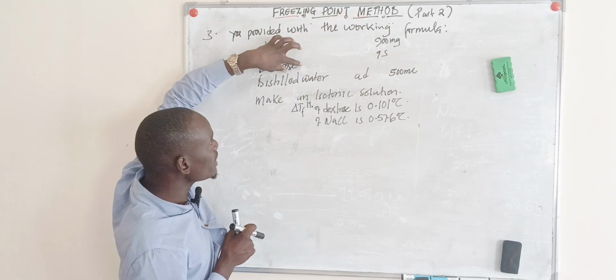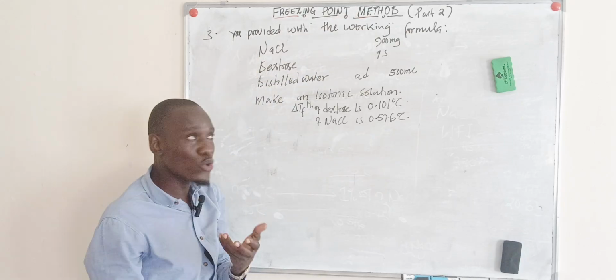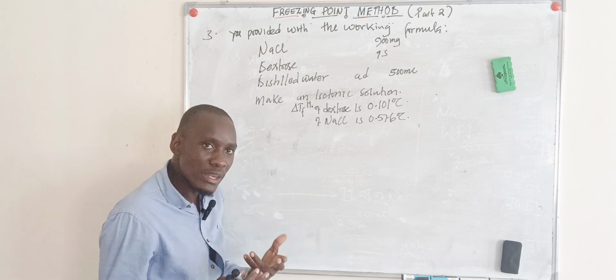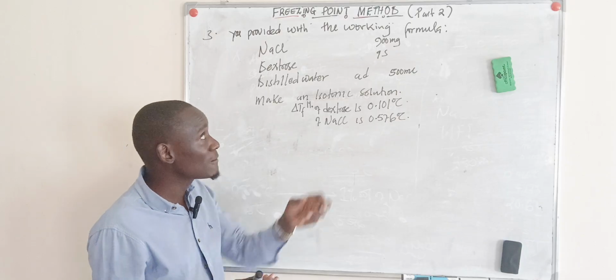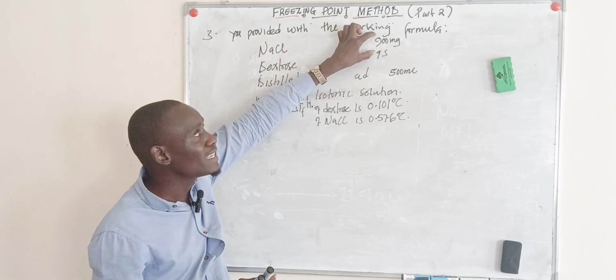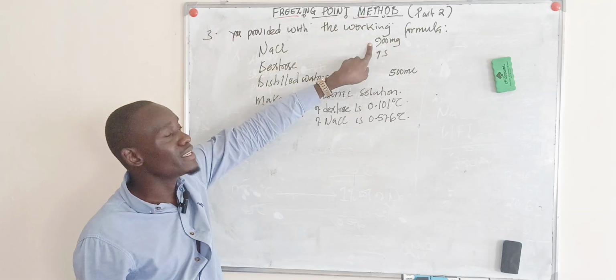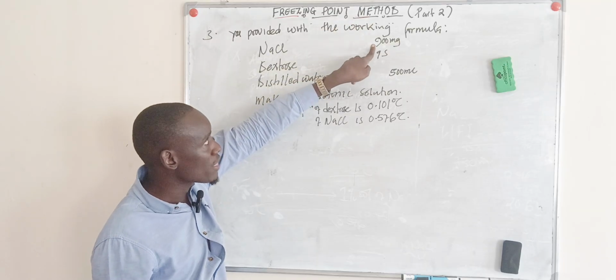If it is isotonic, then we don't need to adjust it to isotonicity. But we need to know, is the solution hypotonic, is the solution hypertonic, or is it isotonic. We can only determine that when we ascertain the freezing point depression that can be produced by this mass of sodium chloride. But how do we get that?